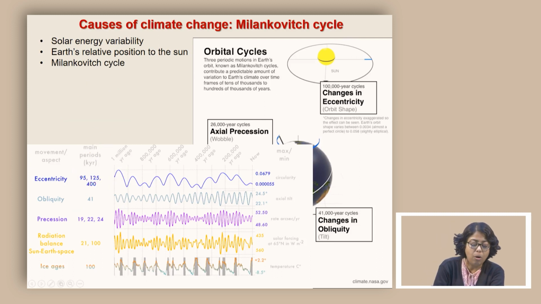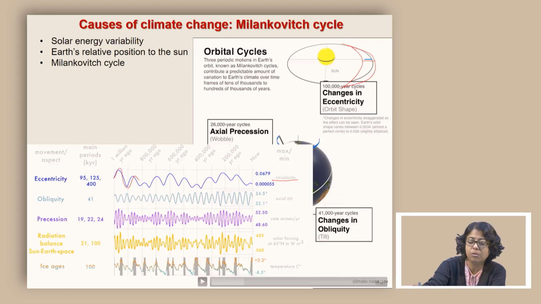So, for eccentricity, we are going to see a cycle which looks something like this, and again the main periods in terms of kilo years, we are talking about 95,000 years, and again the main reason for this is the circularity, as we talked about here, that sometimes the axis comes very close to the sun and sometimes it is actually quite oblique.